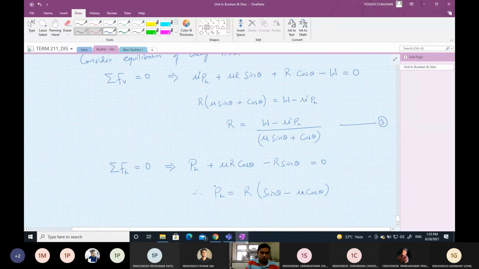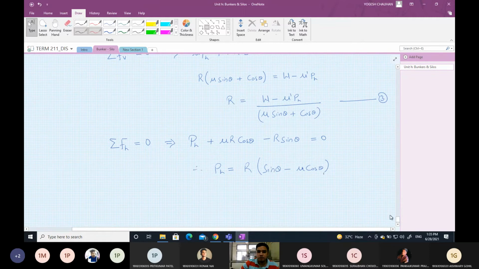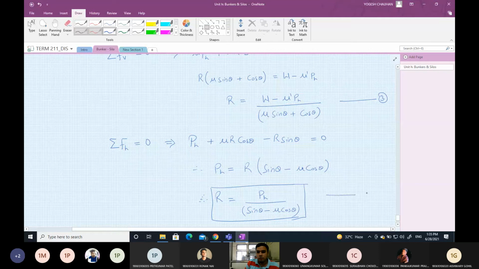So we can write r is equal to pH by sin theta minus mu cos theta. Mark this as number 4.